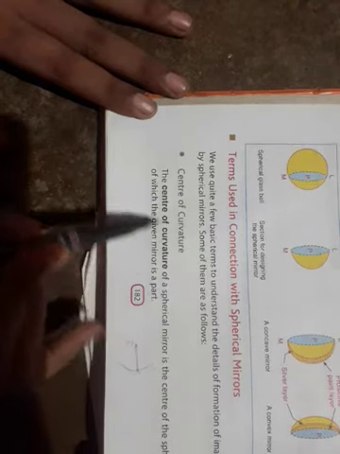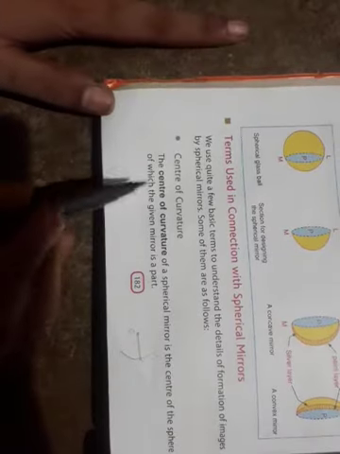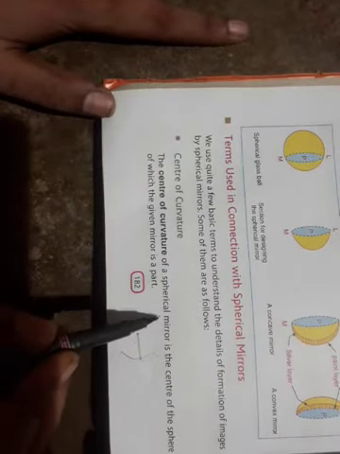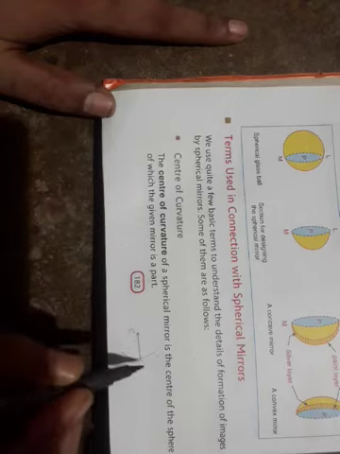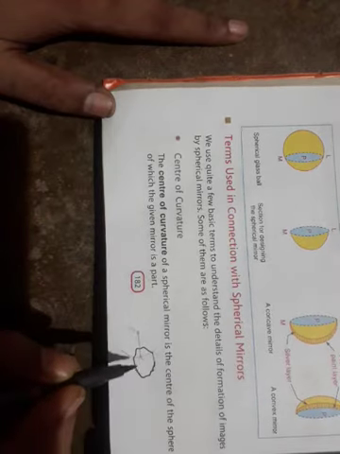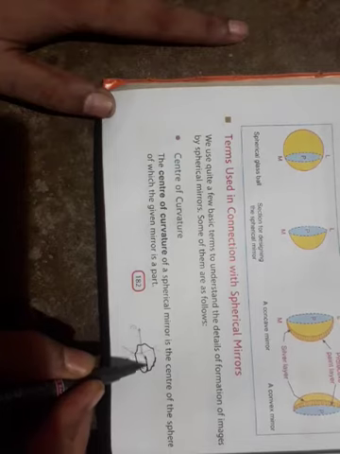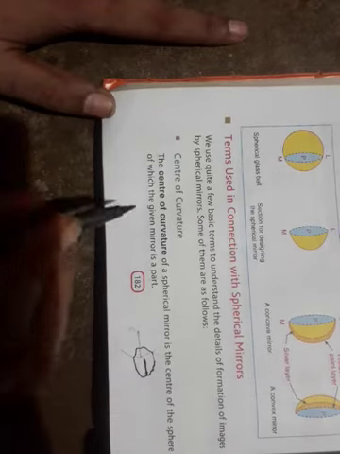Center of curvature. Try to understand here. The center of curvature of a spherical mirror is the center of the sphere of which the given mirror is a part. This is a circle and you know this is the radius. Same thing, center of curvature.